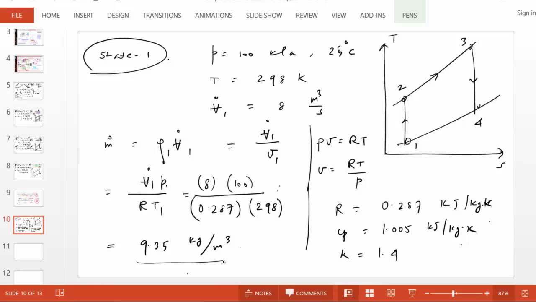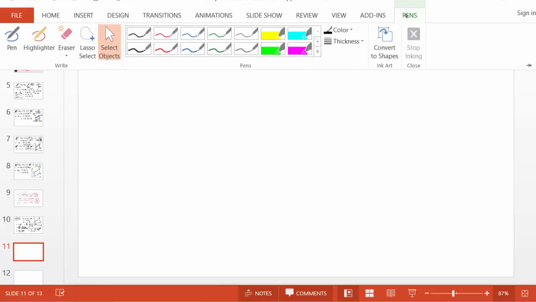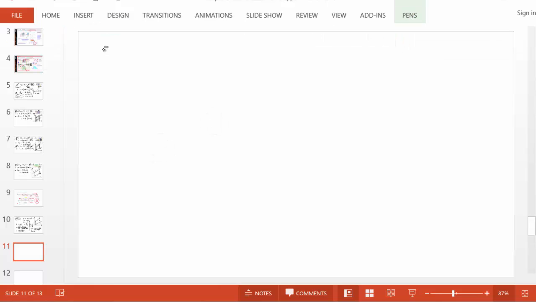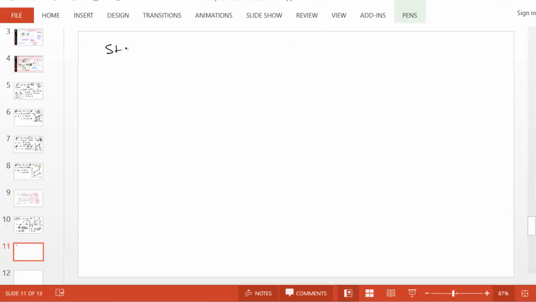Now let's go to state 2. What is known about state 2? Notice that entropy remains constant, so we can write the pressure.